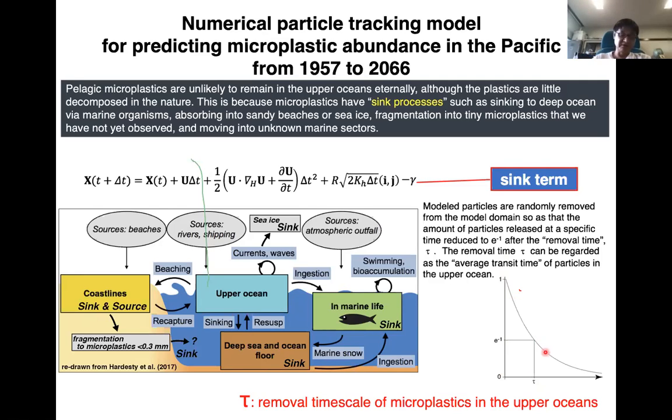The removal process is determined randomly, but the total amount of the microplastic is reduced by e-folding at the year tau. So tau is not determined a priori. We have to determine tau by trial and error to adjust to the observed result.